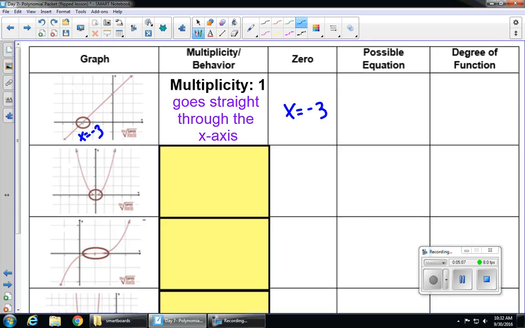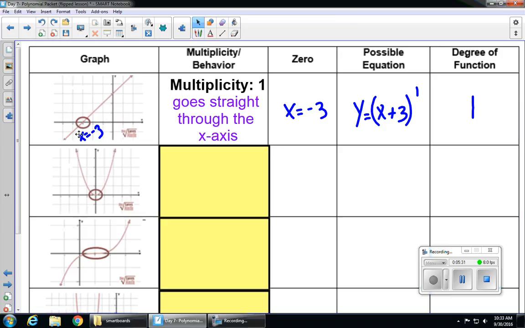Our possible equation is going to be y equals x plus 3. And I'm just going to show it to you with an exponent of 1 for right now so you can start to see the pattern. But we know that that exponent of 1 is not necessary. And this would be a degree 1 function.